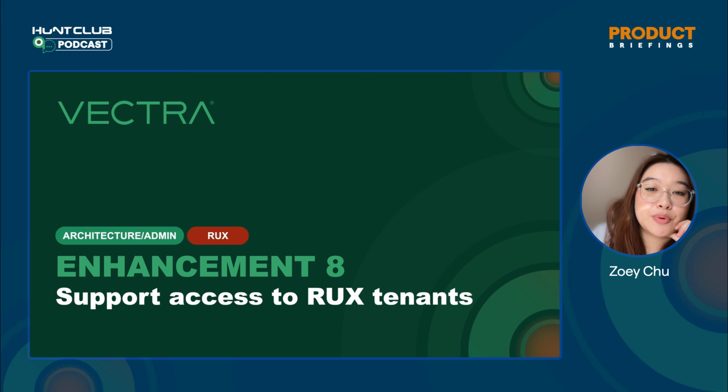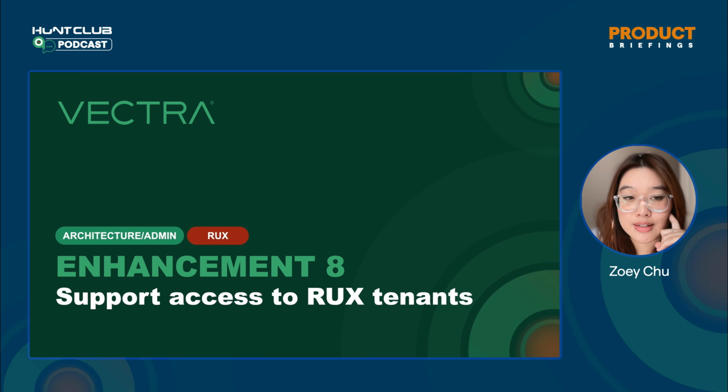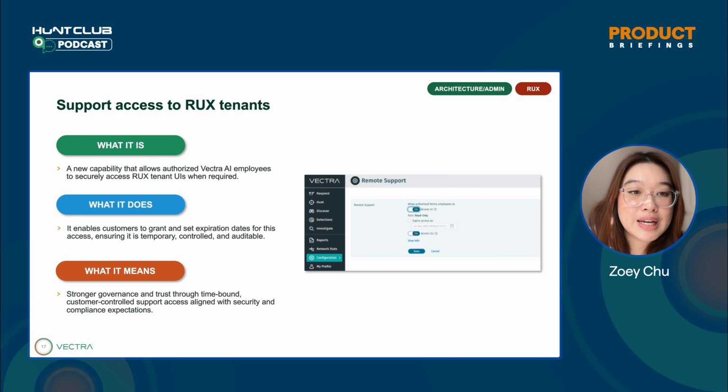Our last one is on our Respond UX, support access to Respond UX tenants. And when we say support, we mean our support teams. This new capability allows our Vectra AI support employees, people that are specialized in supporting you, the customer, to securely access Respond UX tenant UIs when required. This makes the configuration actually present in the UI.